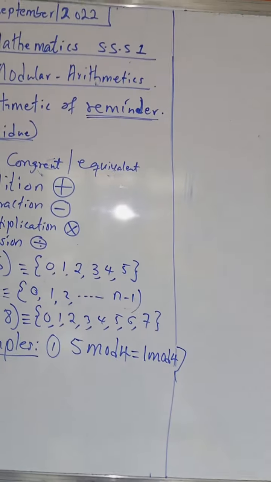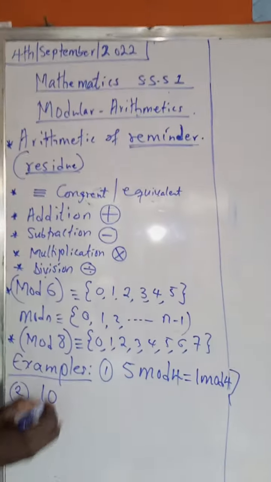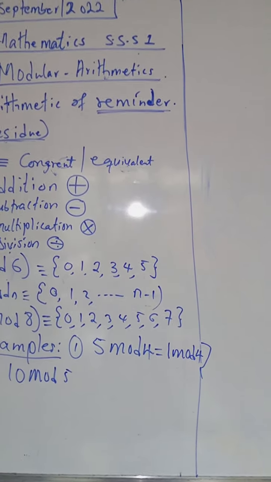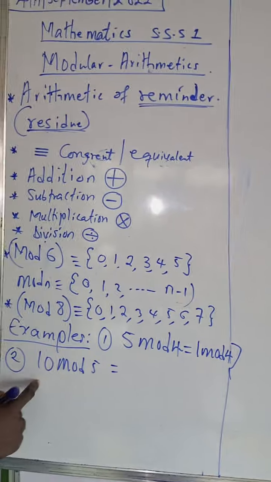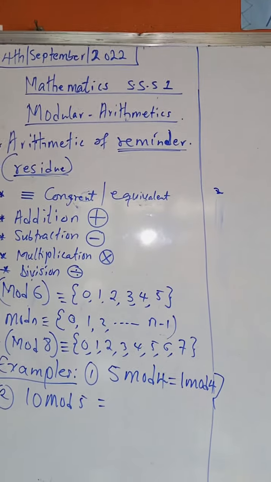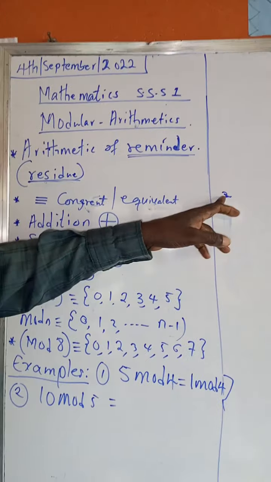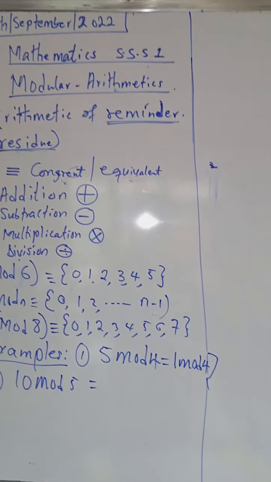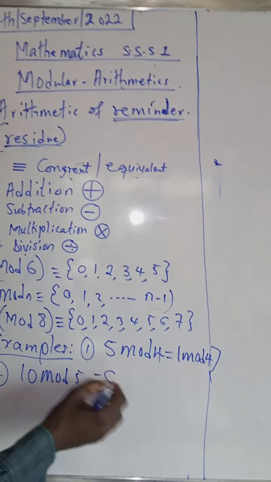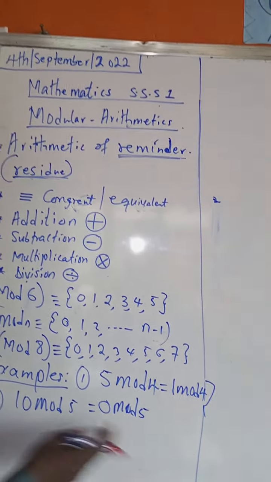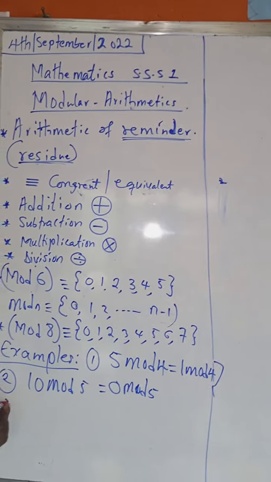So, let's say I have 10 modulo 5. I divide it, that will be 2. The quotient, I'm not concerned with the answer here. What I'm concerned with is what remains. It remains 0, modulo 5.